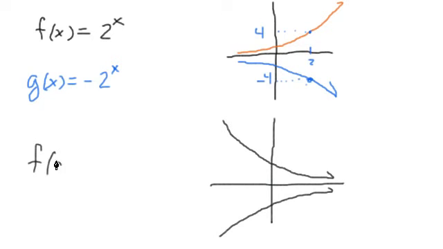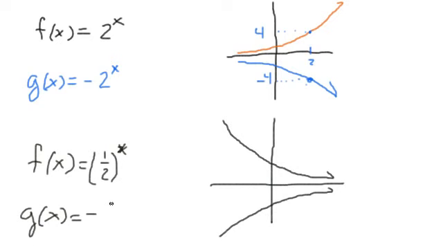Well, we'll say that f of x is equal to a half x. To get this to reflect about the x-axis, we'll call this one g of x. You would throw a negative out in front. So you see, throwing a negative out in the front causes the graph to reflect about the x-axis here.